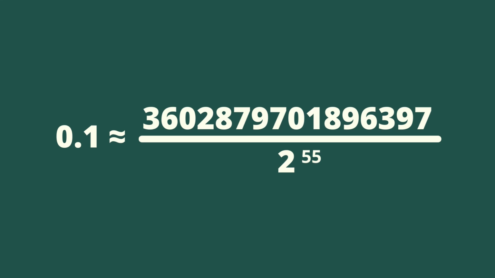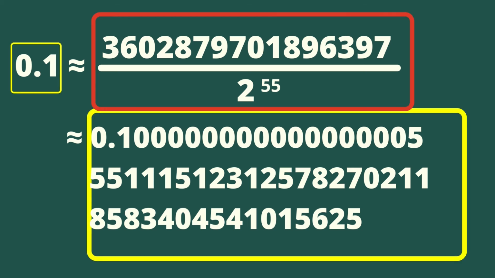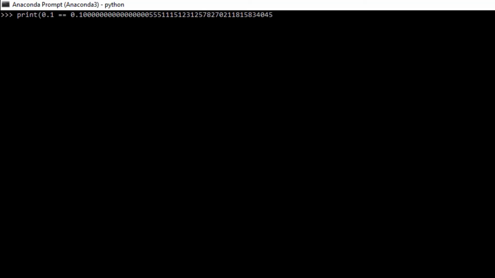On most machines, if Python were to print the true decimal value of the binary approximation stored for 0.1, it would have to print something like this, which means the number 0.1 and this long number share the same approximation value. The proof is that if you print 0.1 double equal to this long number, you will get True.